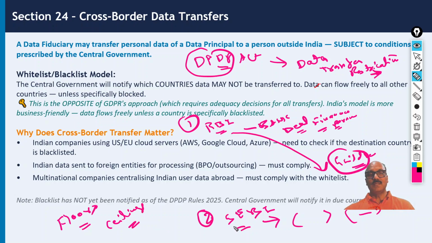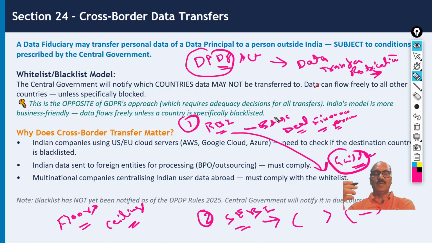In other words, DPDP is not the ultimatum. The ultimatum is a combination of the restrictions for data transfer, with regard to RBI guidelines on payments and data transfer, and SEBI also.